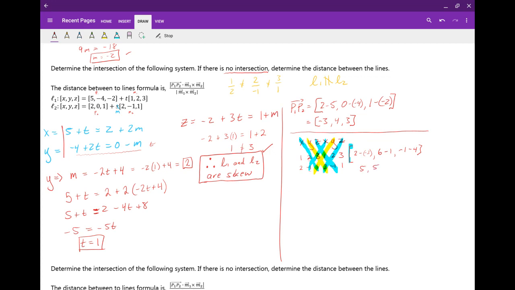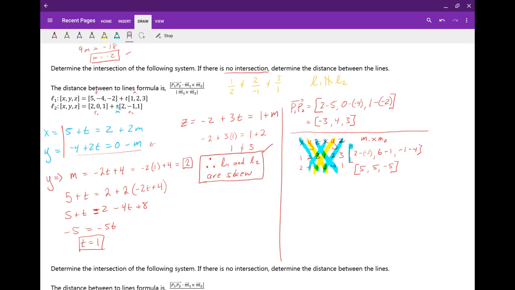It's 5, and what's a negative 1? Oh, look at that, negative 5. Hopefully I did that right. So this is the M1 cross M2 vector. I guess I don't need those vector symbols.